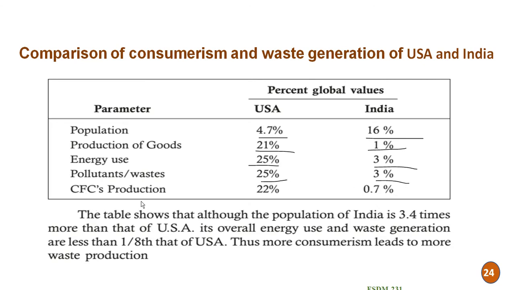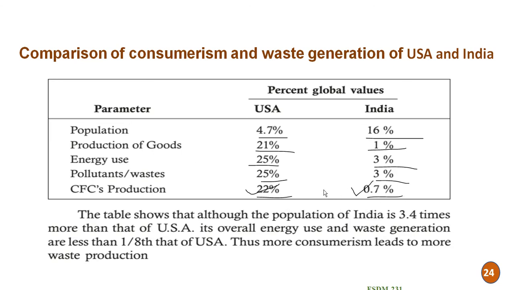And the CFC production, that is chlorofluorocarbons production due to industrial activities, in USA is 22%. CFC is mostly produced in refrigeration, and in USA its percentage is 22, while in India it is merely 0.7%.